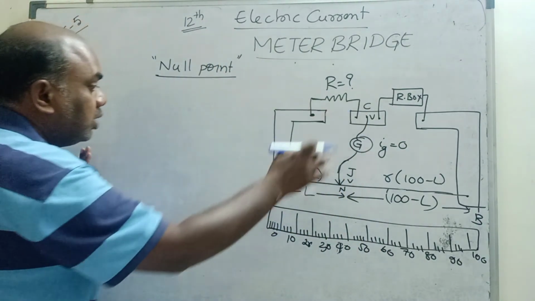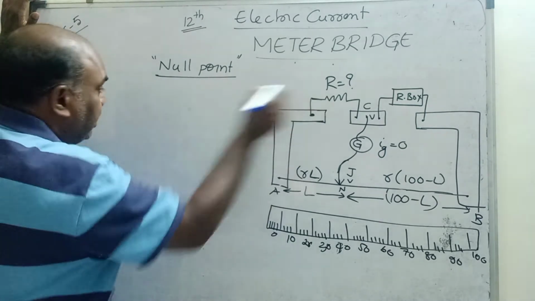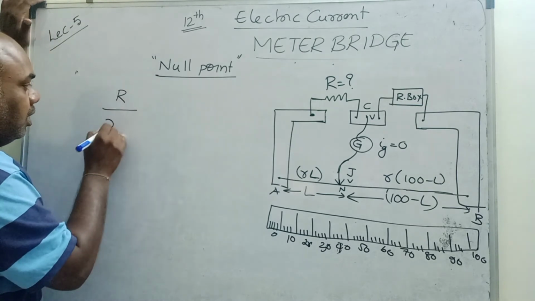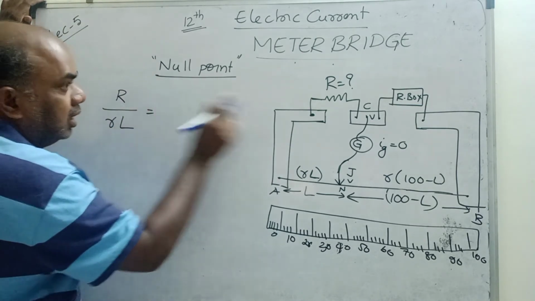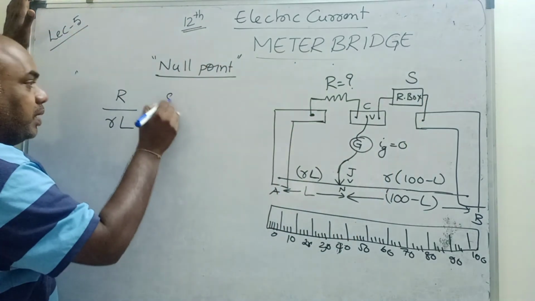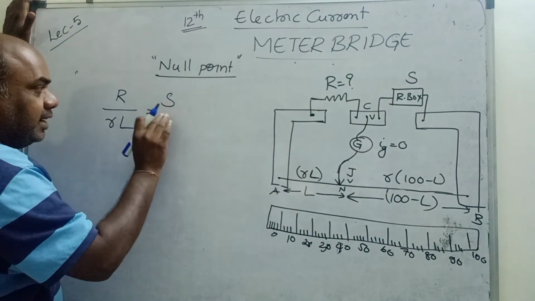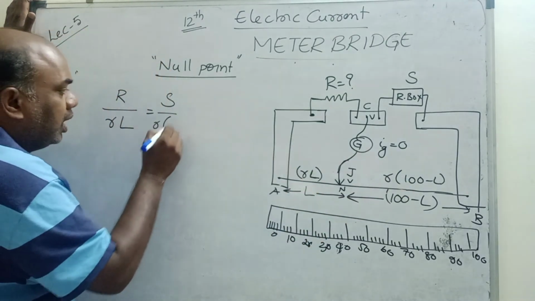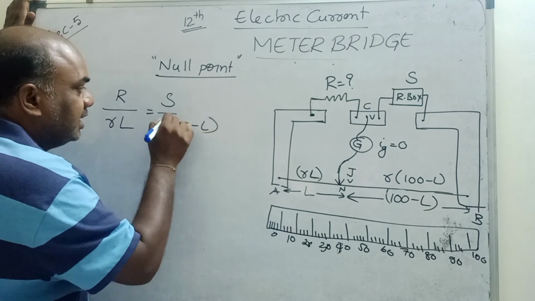So you can also write it like this. This first resistance, R by RL, is equal to this resistance. Let us consider the resistance is S. You place a 10 ohm, 20 ohm, whatever it is, let it be S, by this resistor R into 100 minus L. Understand, children?